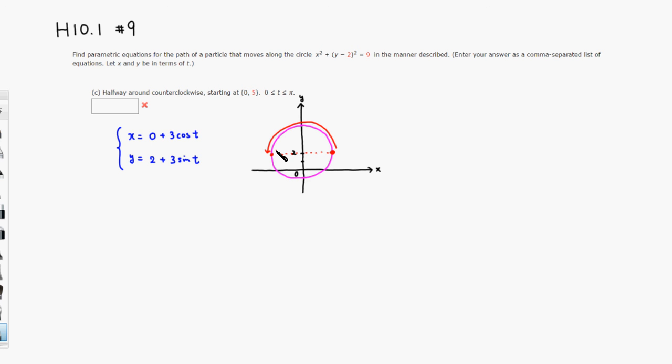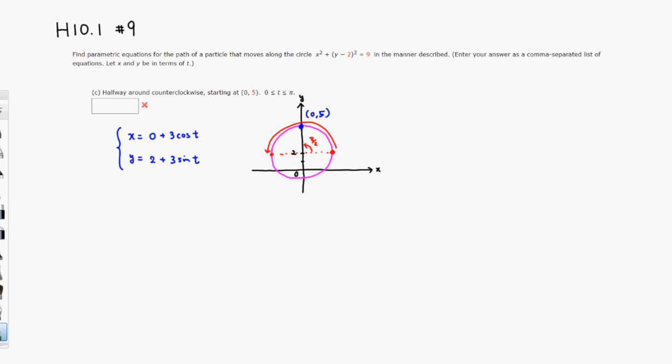So what we need to do is shift t by pi over 2. That way it's going to start from the right location, which is right here. This is (0, 5). We can easily do that.